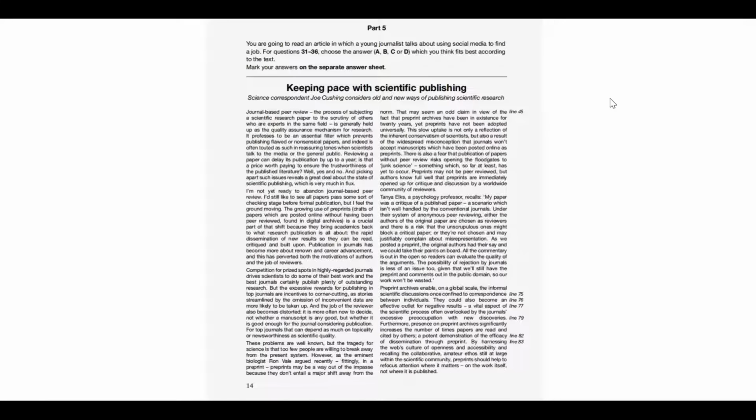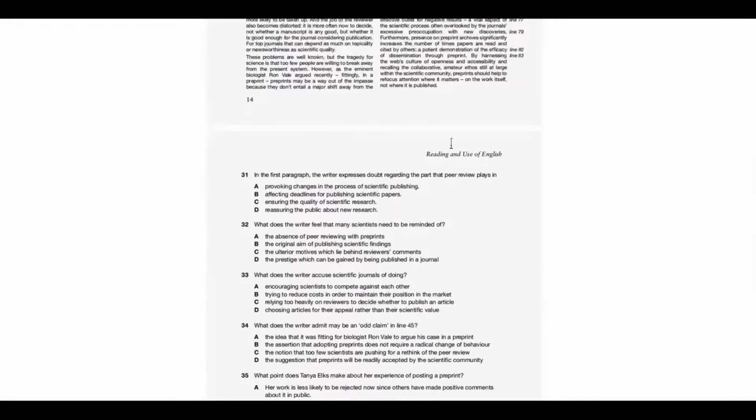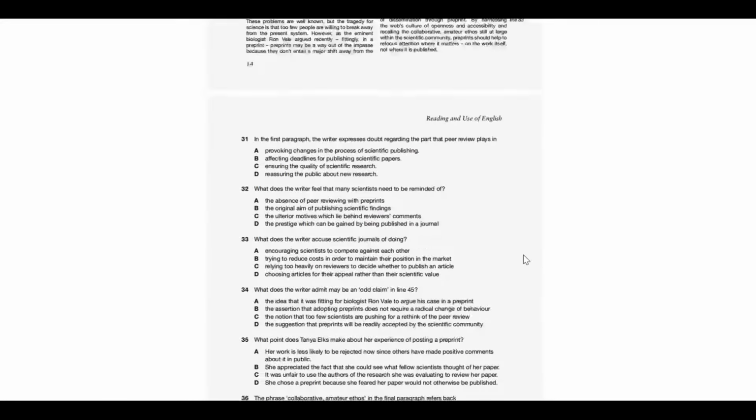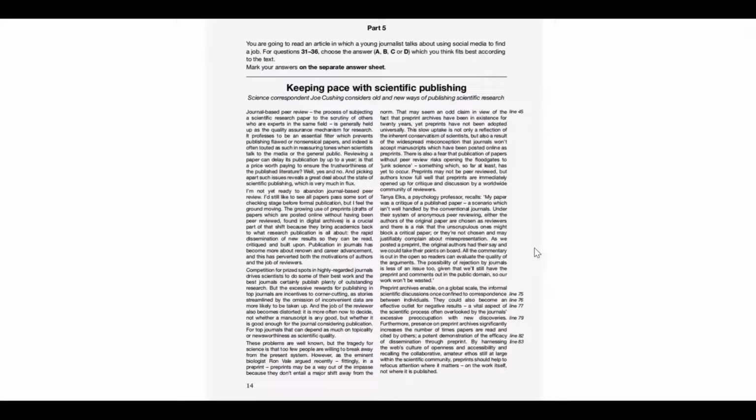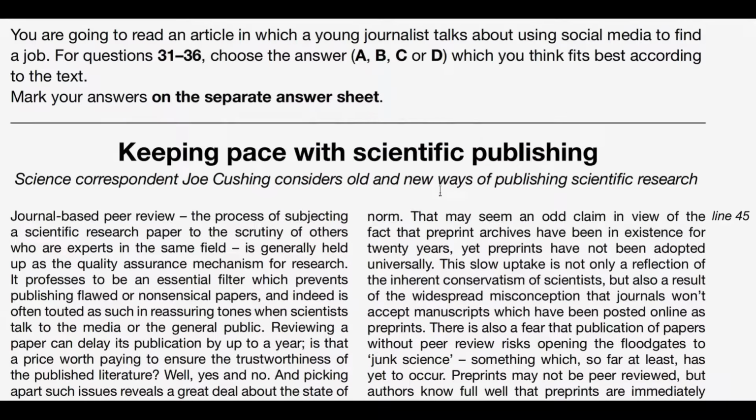So this is part 5. You can see that we have a long text here, okay? And the questions that we're going to look at are 6 multiple choice questions, A, B, C, and D. Let's see what is the best way to answer this question. In the first instance, I would definitely suggest reading the title here.